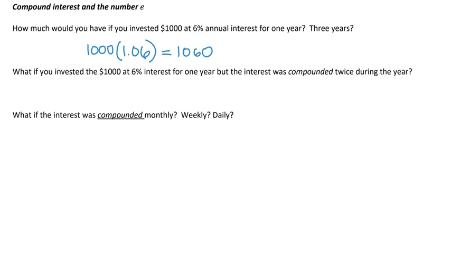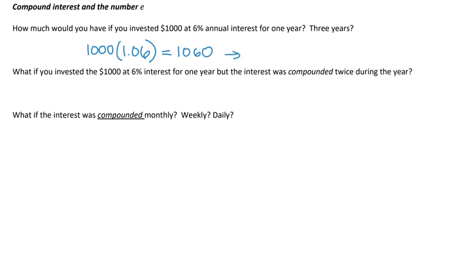The next question is, what happens if you get this 6% annual interest every year for 3 years? And this is where we start to see compounding. So to get our balance after 2 years, we could take that 1,060 and multiply it by 1.06. And then we would multiply that answer by 1.06.